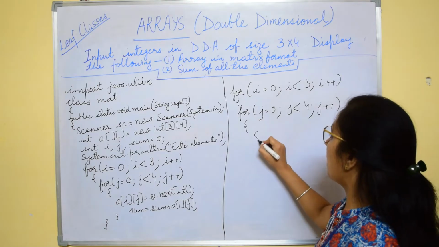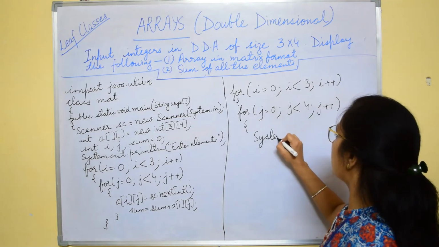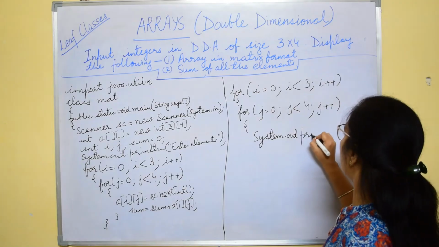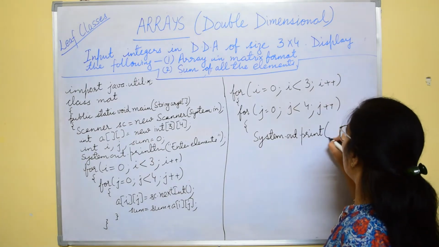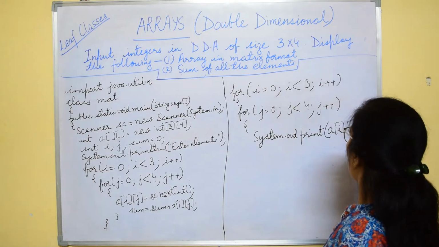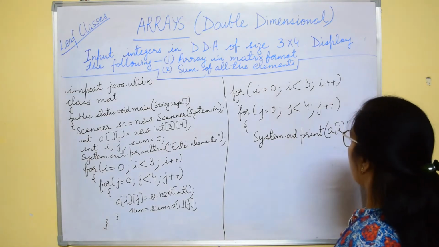Now इसमें हम print कराएंगे System.out.print. Print what you will do? a[i][j]. a[i][j] को print कराएंगे.